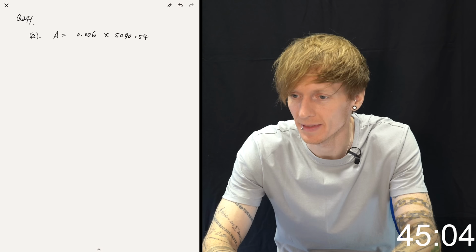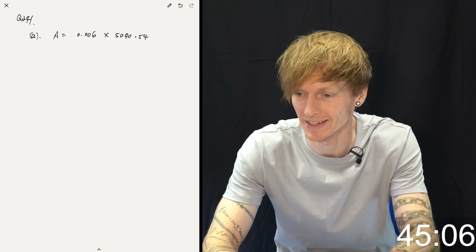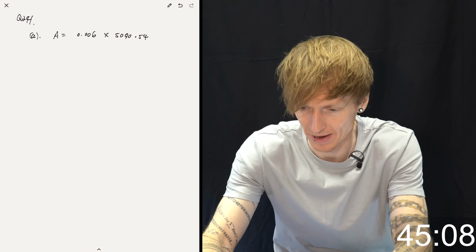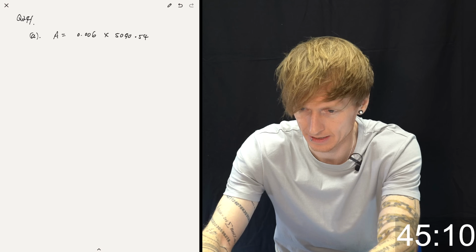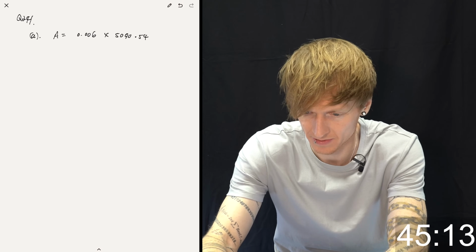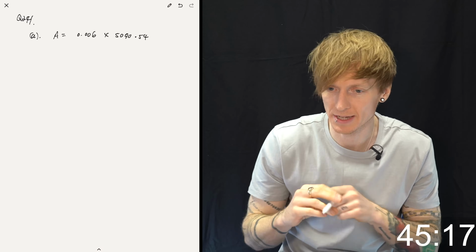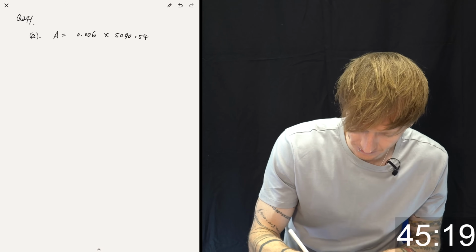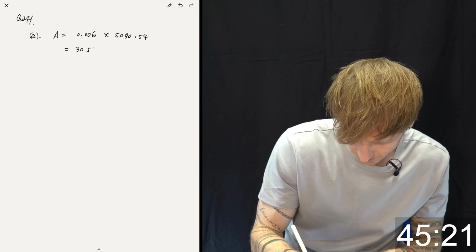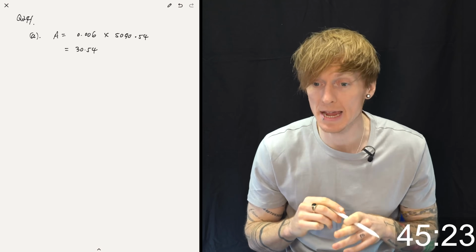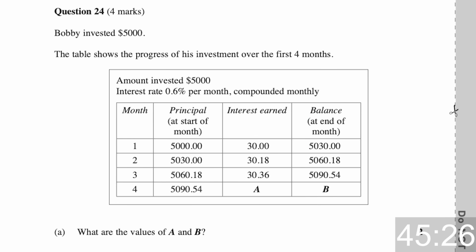Calculator. I feel like these are all just calculator questions, aren't they? Anyway, just to spite me, 0.006 times 5090.54. So I think he's earning $30.54. $30.54 is A, and then the balance, you just add it on.